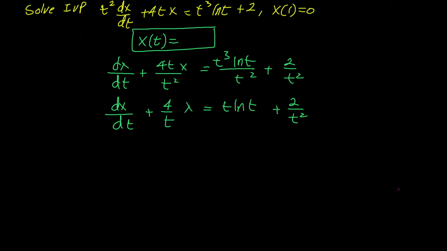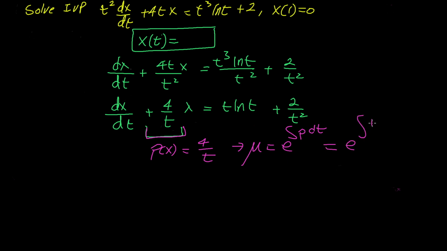So once it's in this form, it gives us p of t, which is a positive 4 over t, and that will give us the integrating factor. So here the independent variable is t, so dt, not dx. And just replace.